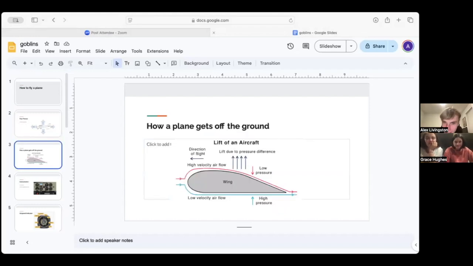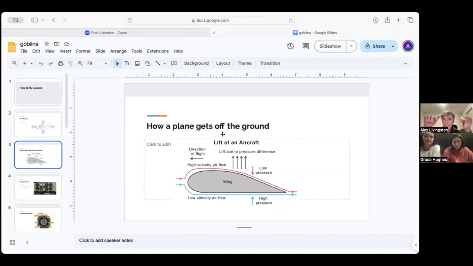Next, how the plane gets off the ground. We create lift. This is called Bernoulli's principle. Basically, this is the end of a wing. It's curved on the top, flat on the bottom. Air moves over the top and bottom of the wing, but because of the curve of the top, it moves faster over the top than the bottom.